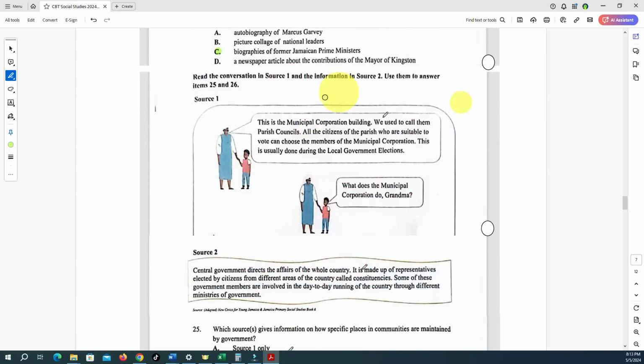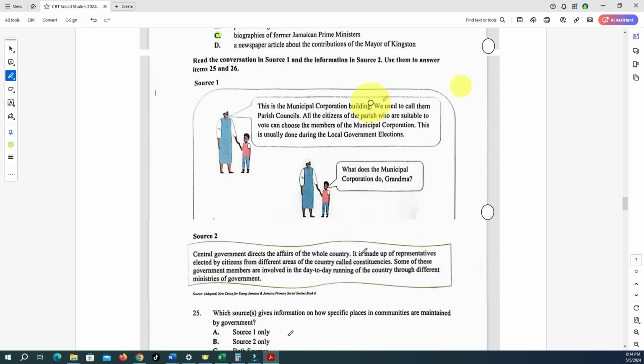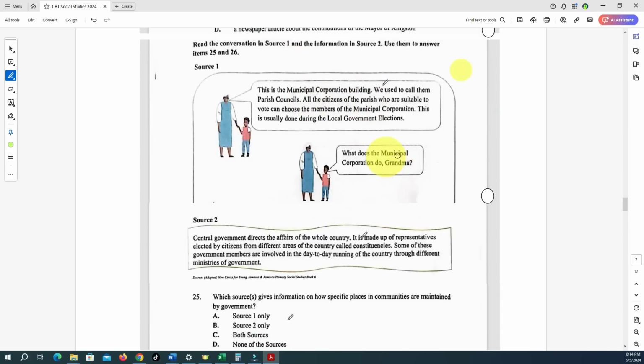Read the conversation in source 1 and the information in source 2. Use them to answer items 25 and 26. It says, what does the municipal corporation do, Grandma? This is the municipal corporation building. We used to call them parish councils. All the citizens of the parish who are eligible to vote can choose the members of the municipal corporation.